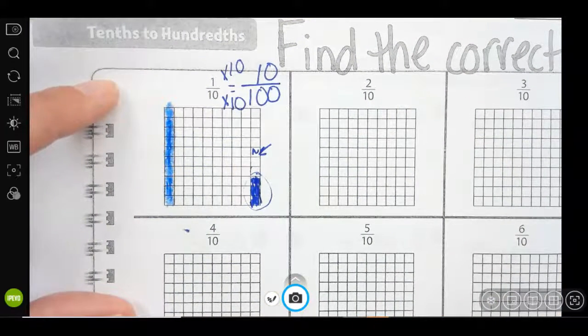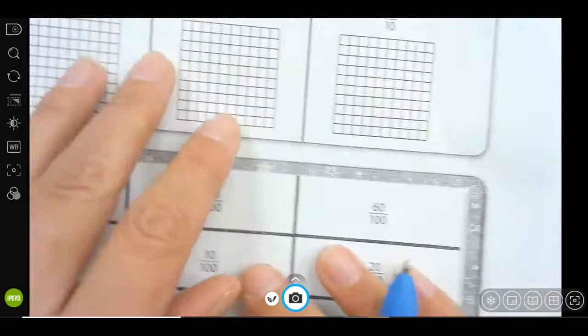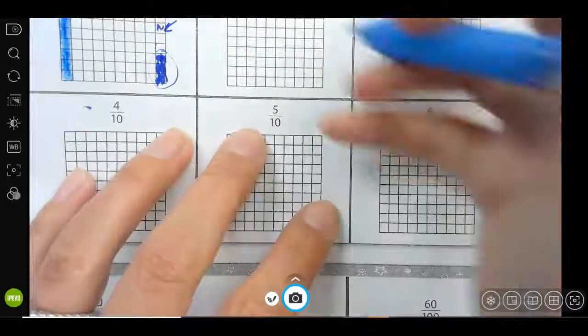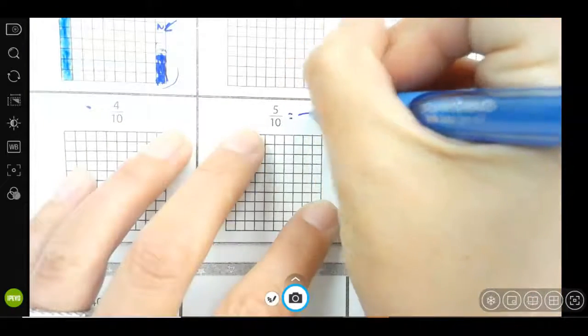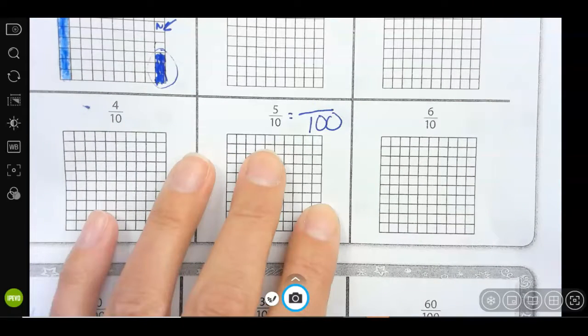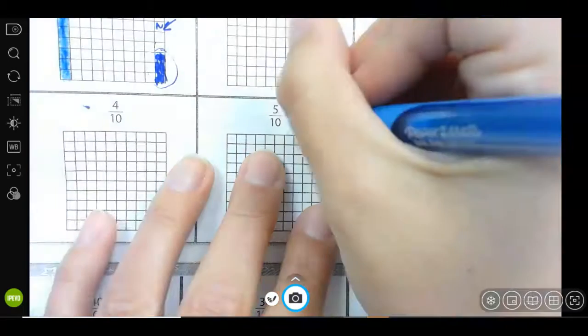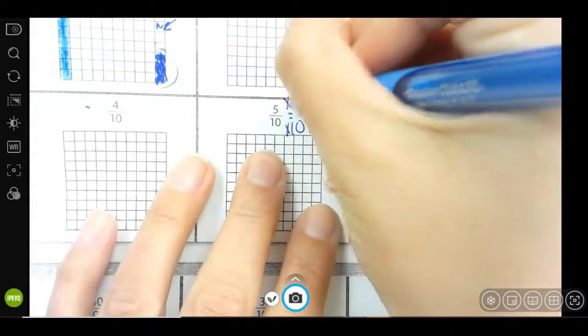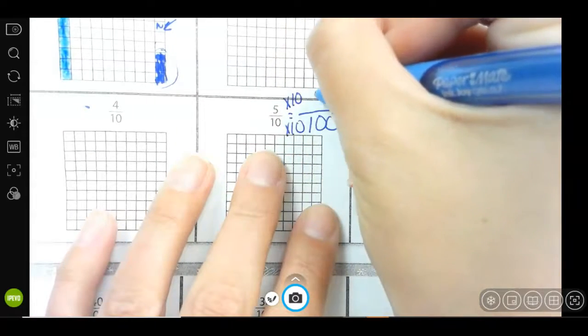Give me a thumbs up if you're ready for the next one. Okay, let's go down to this one. We'll do 5/10. Okay, 5/10. We're going to change it to have a denominator of 100. How do we go from 10 to 100? Times 10. So 5 times 10 is going to give us 50.